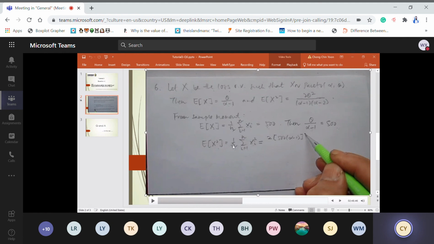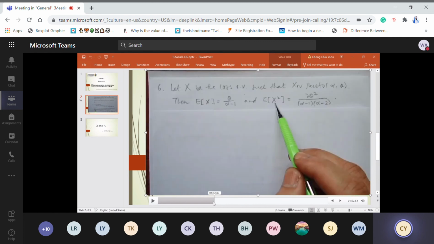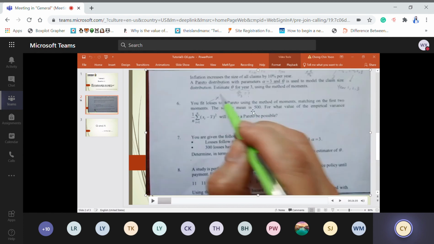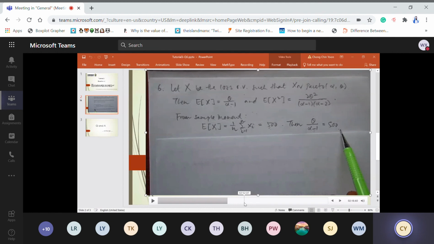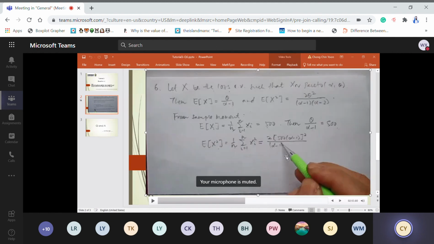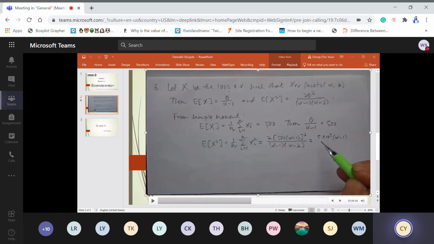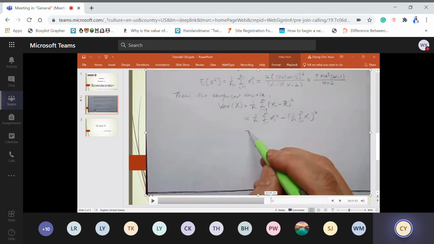And this one is given, the value 500, which is here. The next step is you substitute your data, your alpha, into here or into here. Then you will get the expression in terms of alpha for the second raw moment.